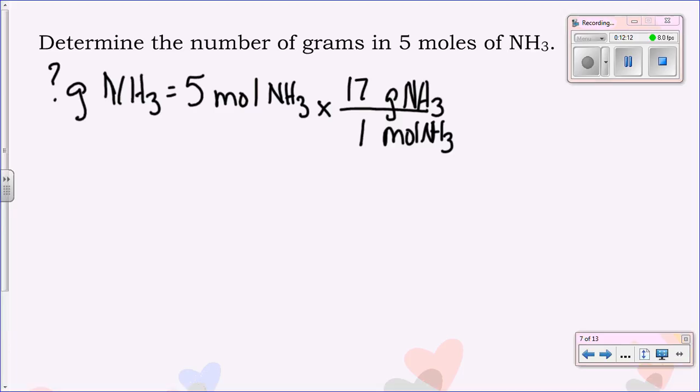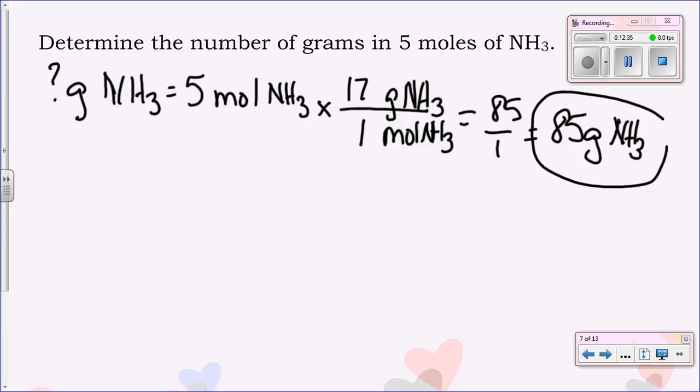You have 3 hydrogen that have the mass of 1, so 14 plus 3 gives you 17. Then you're going to have 5 times 17, which is 85, divided by 1. So your answer is 85 grams of NH3. Don't worry, we will work on these in class.